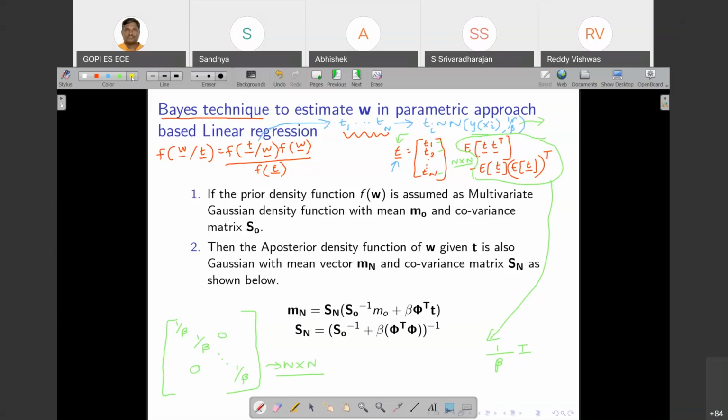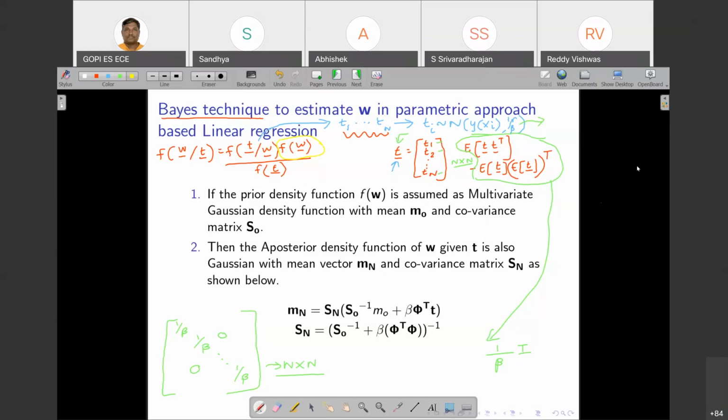What is more important now is this f of w, modeled as Gaussian. That is the important point in case of this Bayes technique.